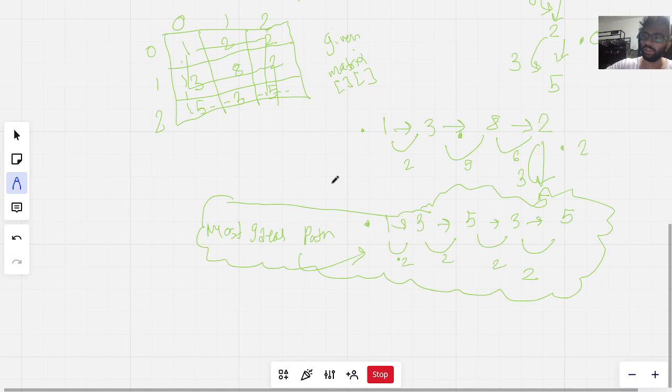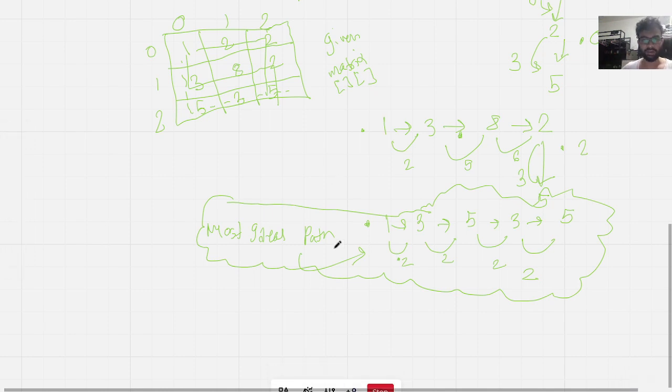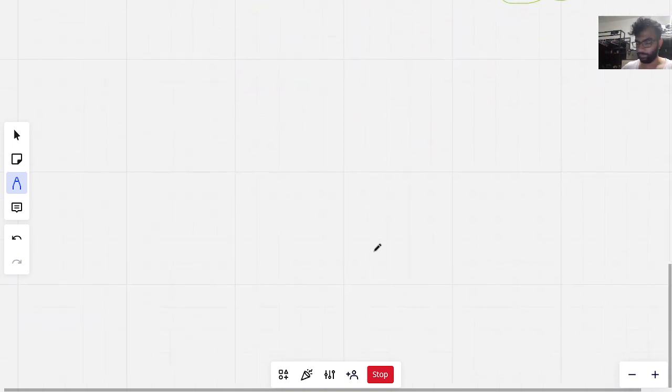Let's now come back to understanding how the path with minimum effort works with the help of Dijkstra's algorithm and a priority queue. So I write over here: path with minimum effort, where I will be using PQ as the priority queue.